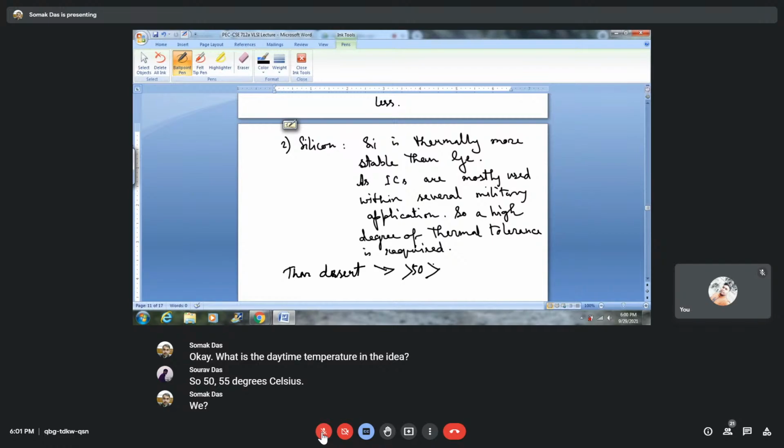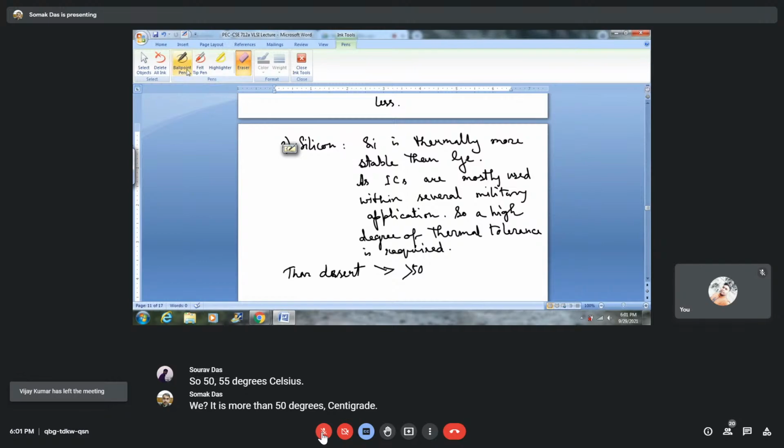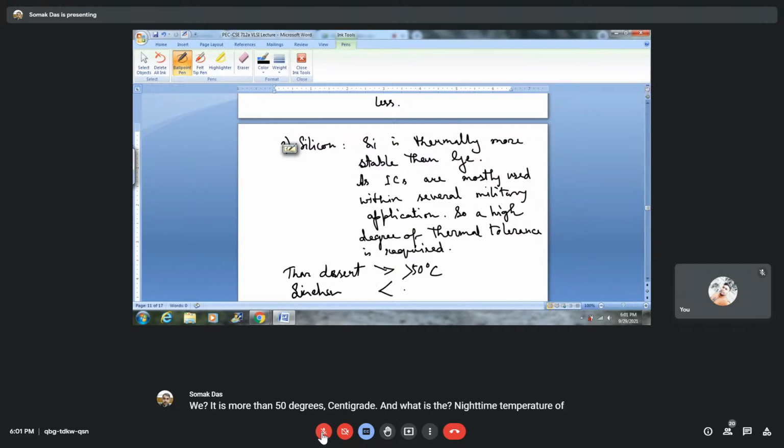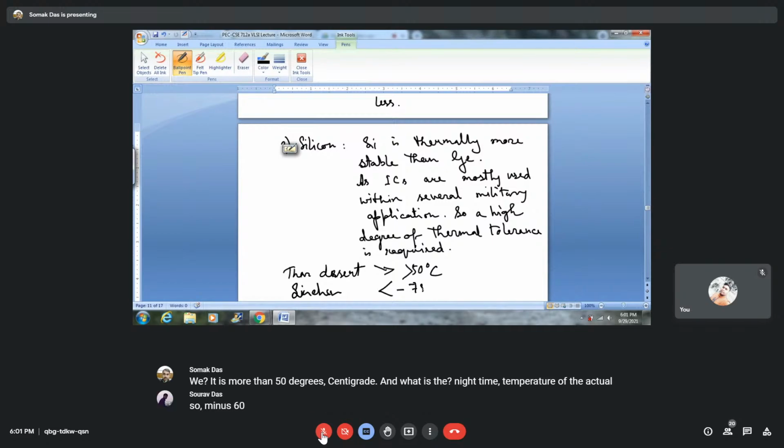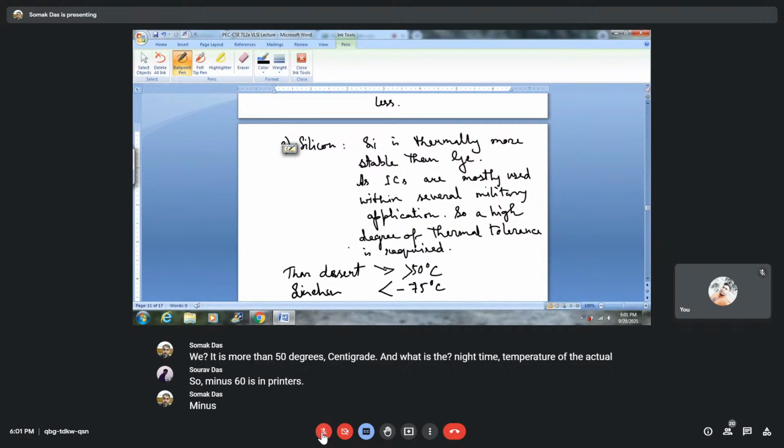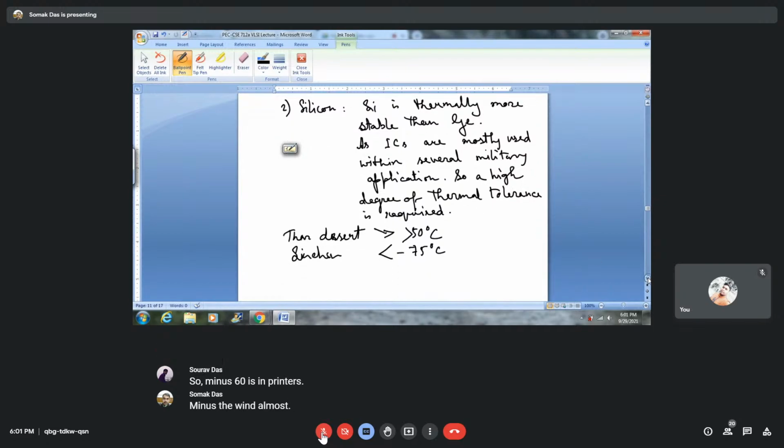It is more than 50 degrees centigrade at least. And what is the nighttime temperature of Siachen Glacier? Sir, minus 60 in winters. Almost minus 60 to 70 degrees centigrade.